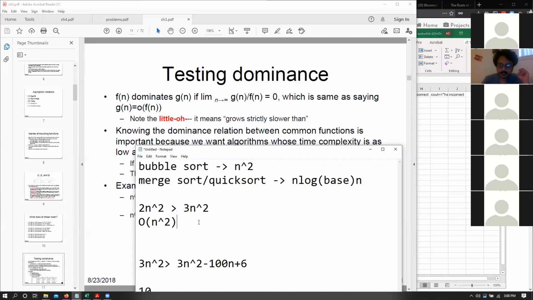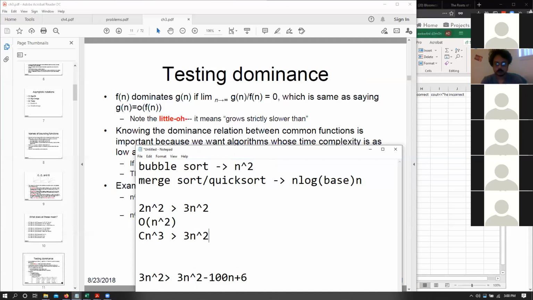However, if we said that with some constant, n to the power of, I don't know, 3 is always greater than 3n to the power of 2, or 3n squared. So Cn cubed is always going to be greater than 3n squared. Does everyone agree with this? Apart from 0, everything else is true, right?